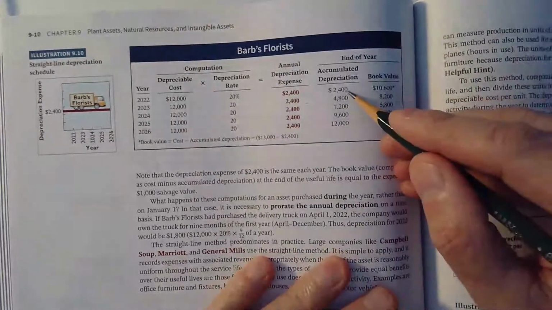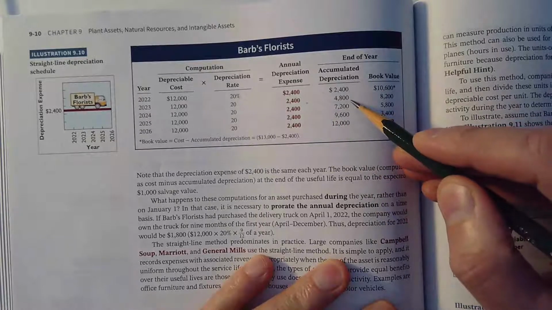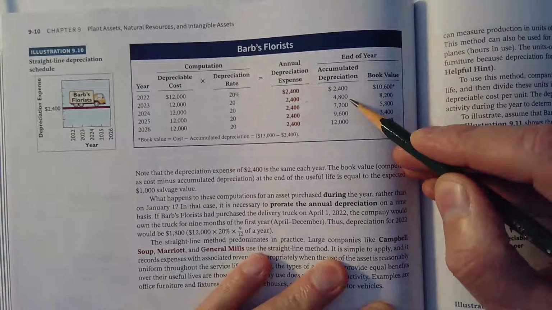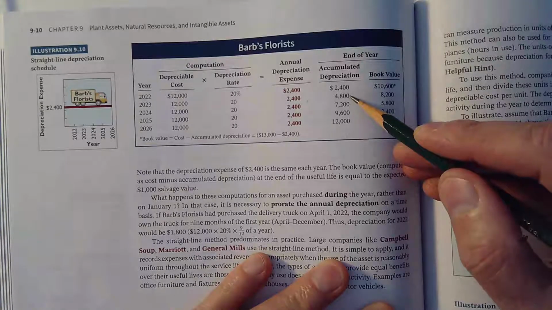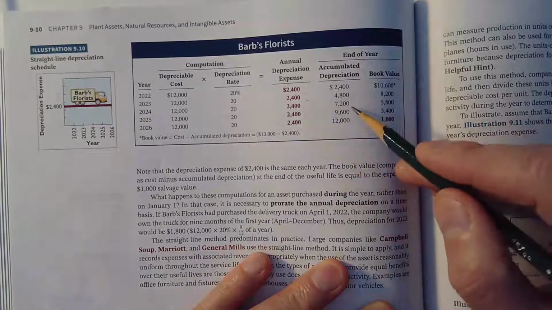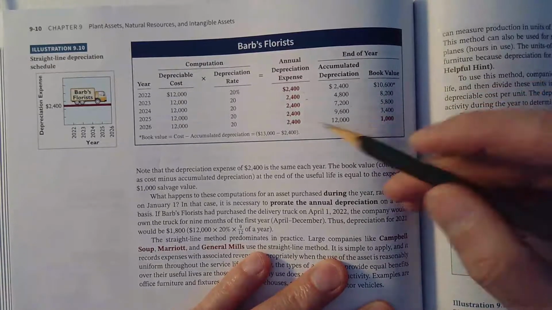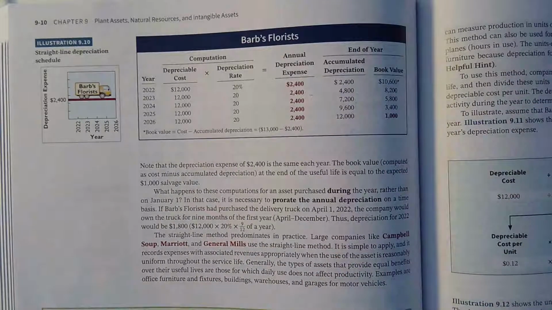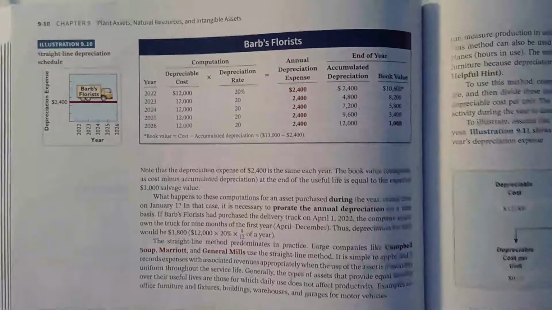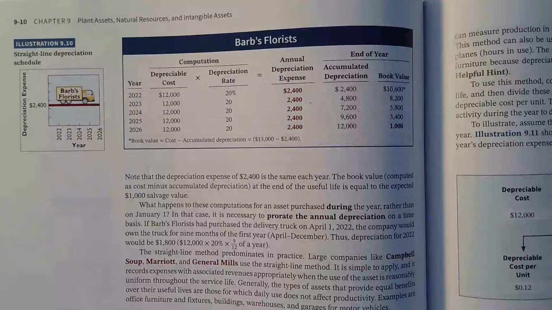So 2,400 plus another 2,400 gives you 4,800. In the third year, it's 4,800 plus an additional 2,400, which is 7,200. So this column keeps going up because every year you write off some depreciation, it starts increasing. So that's what is going on with that column.